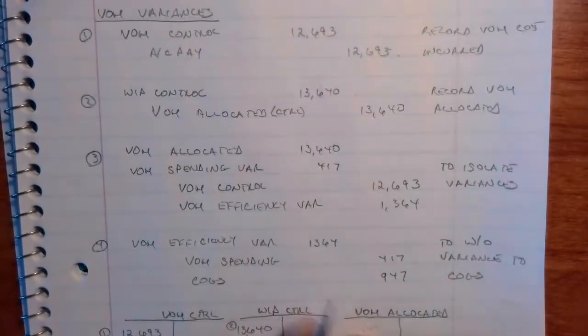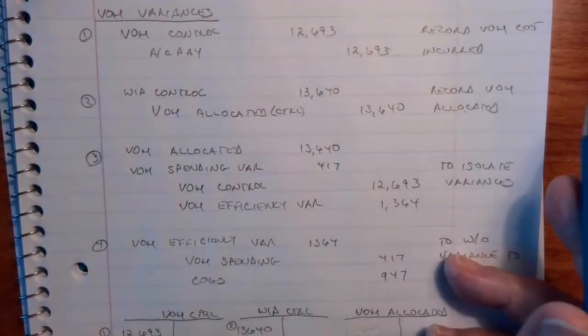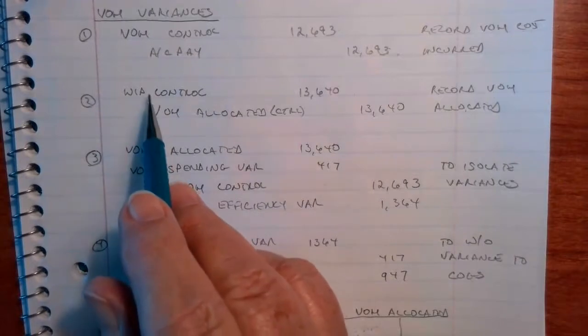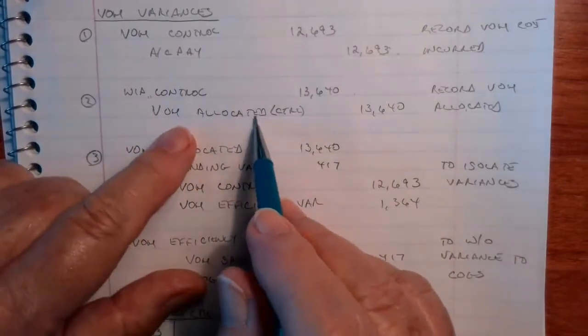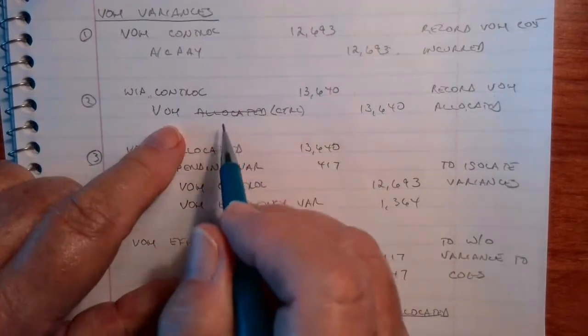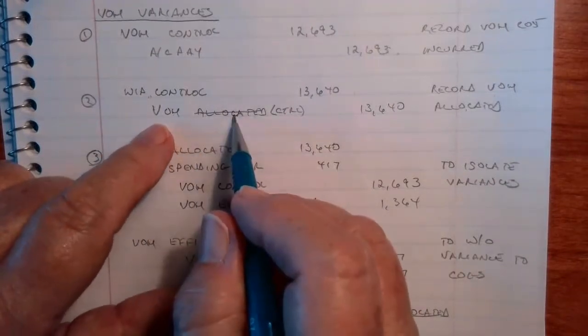Okay, the next one is to record the cost allocated. We can do that. It goes into work in process, and then it comes out of, I don't like this account here. I don't like this allocated account. To me, it should just come out of work in process control.